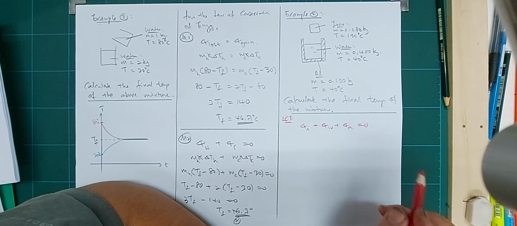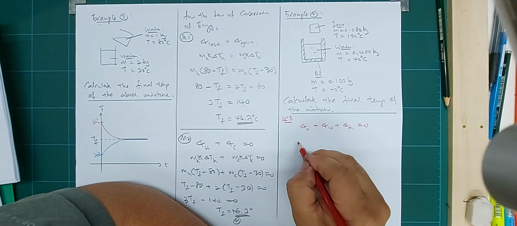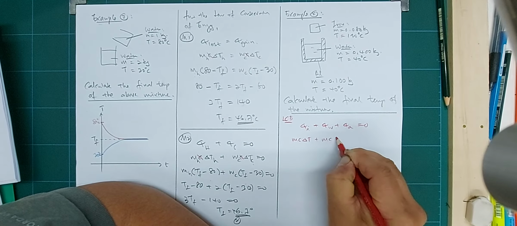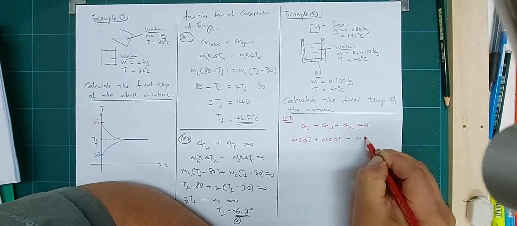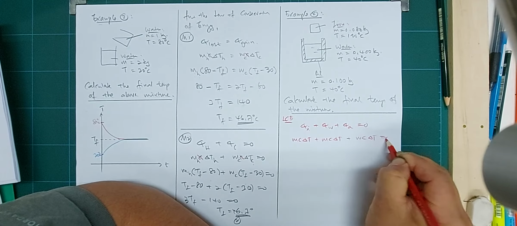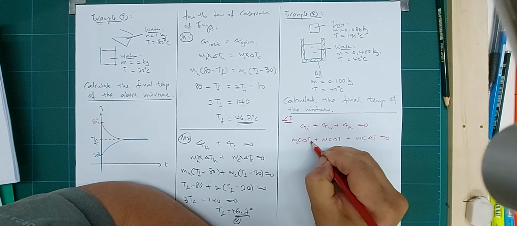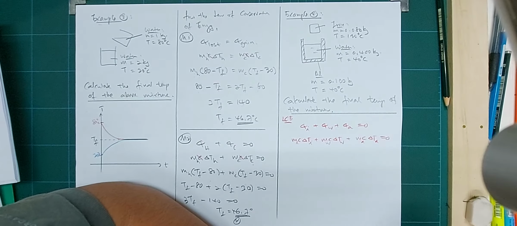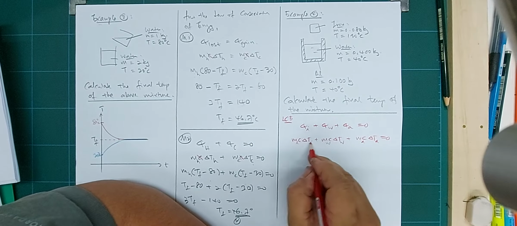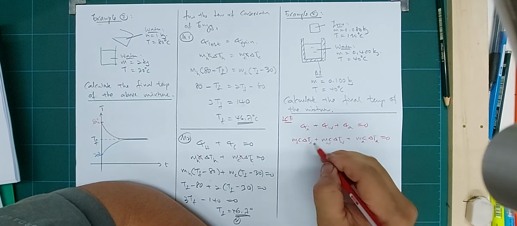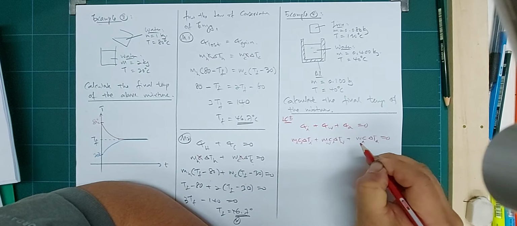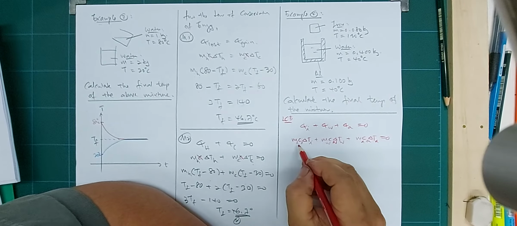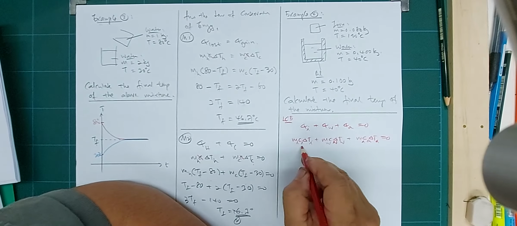The formula is the same: mc delta T, mc delta T, mc delta T is equal to 0. This one is iron, this one is water, and this one is the aluminum cup. The C values are also different. Now we need to calculate the final temperature, so we form the equation first.